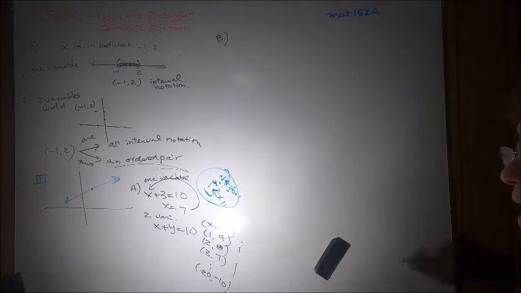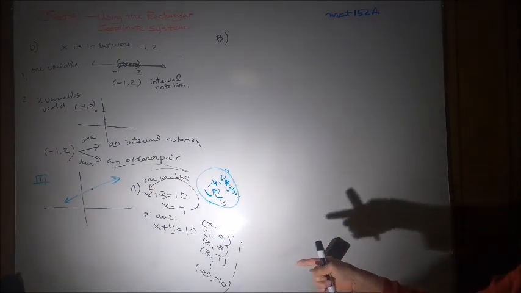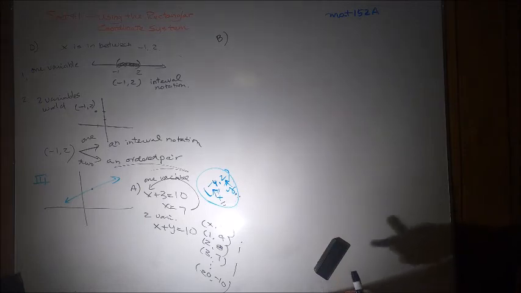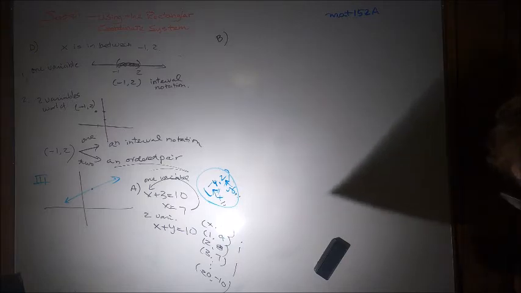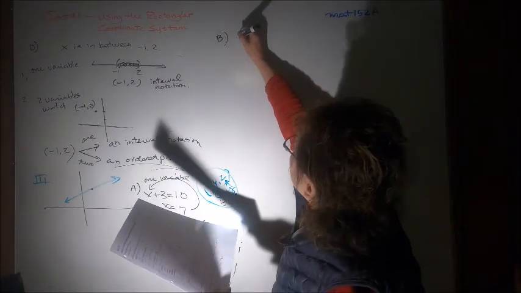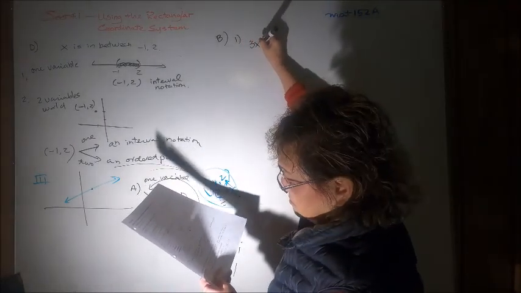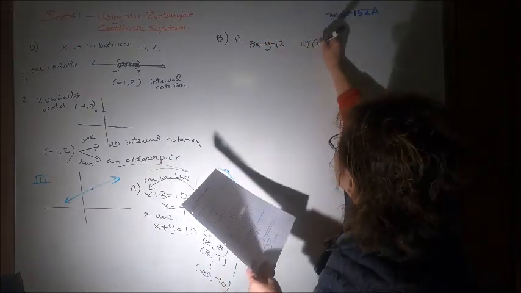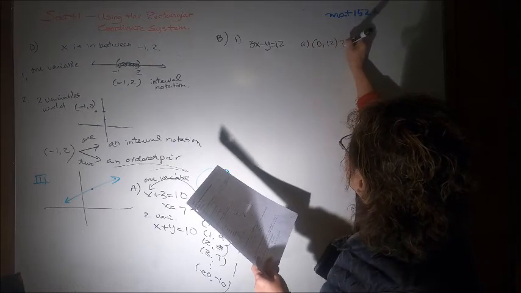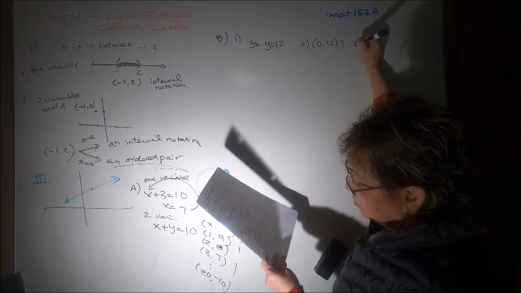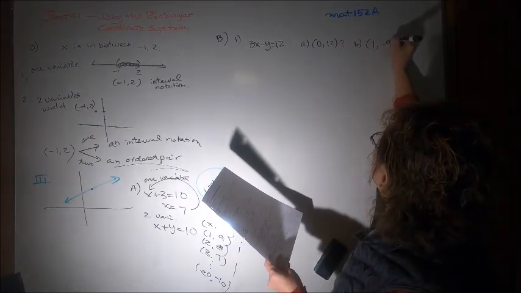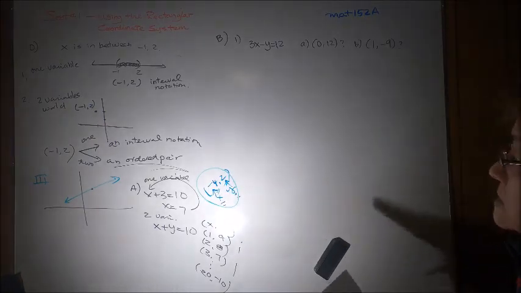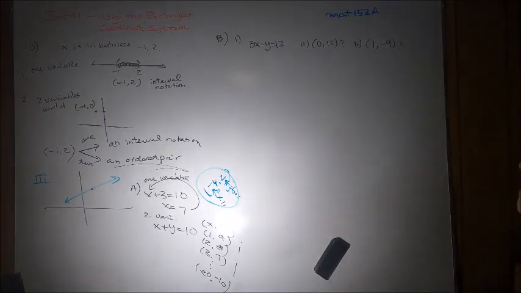So first we decide what kind of points will work for the equation before we graph them, okay? If we have 3x minus y equals 12, we ask, will this point work? Or will this point work for that equation? What do you think? By plugging in, right?